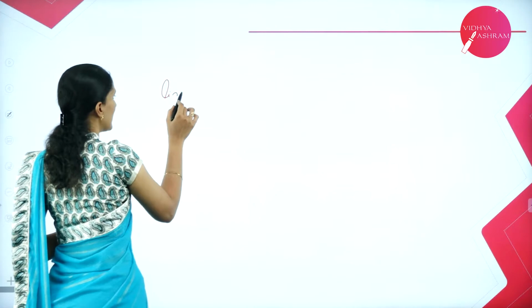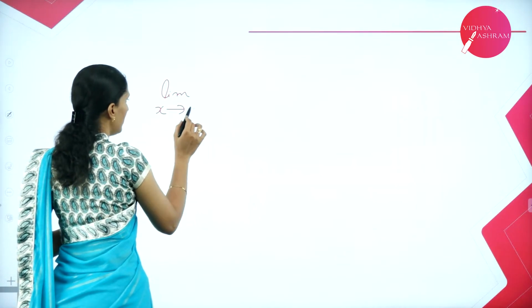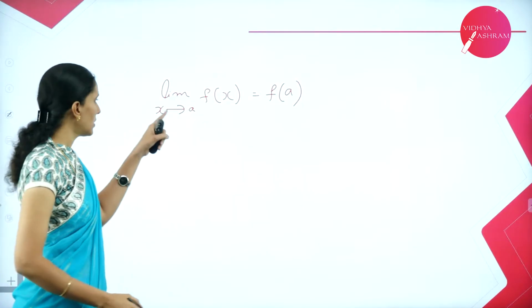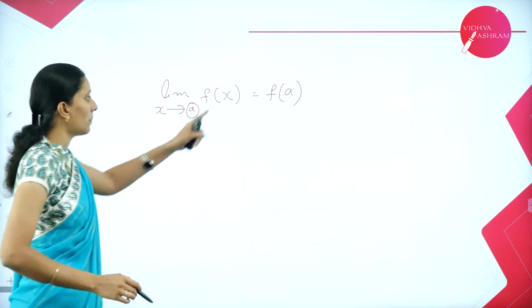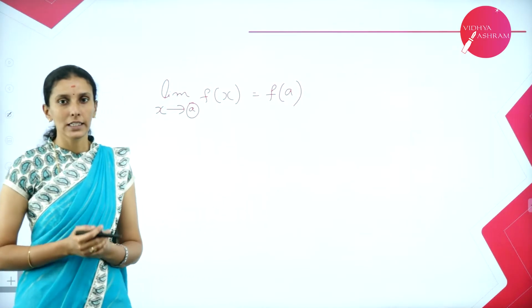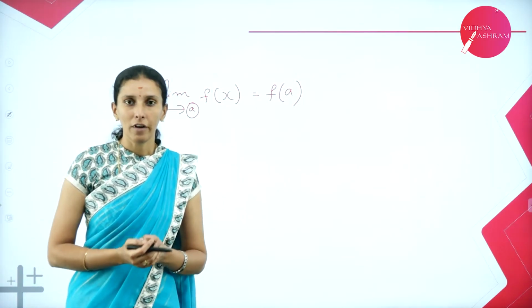So, what can we conclude? The limit of any function as x tends to a can be written in the form of f of a. Just put the point a in the place of x in f of x, and you will get the limit of the function.